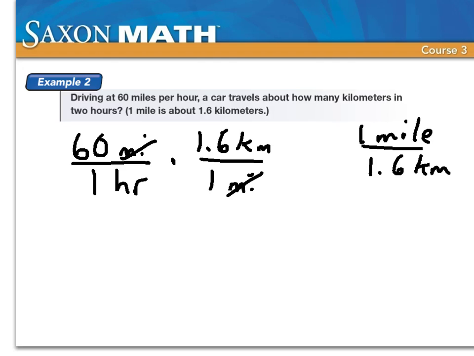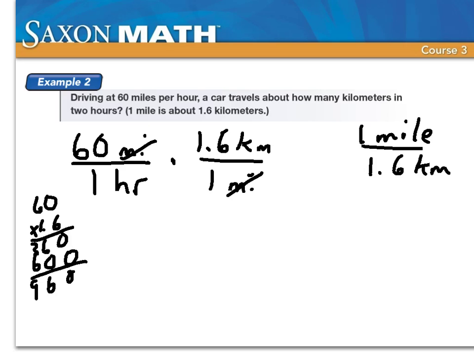And now I'm going to multiply. I'm going to have to do 60 times 1.6. 6 times 6 is 36. Bring a 0 down. 0 times 1 is 0. 6 times 1 is 6. And we're going to add these together.